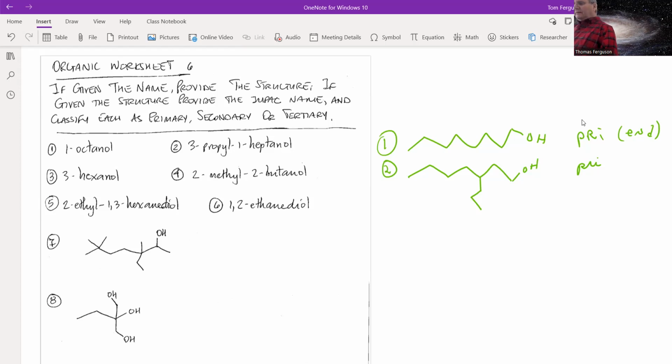Why is it not an octanol? I just counted 8 carbons for the backbone. Why is it a heptanol and not an octanol?